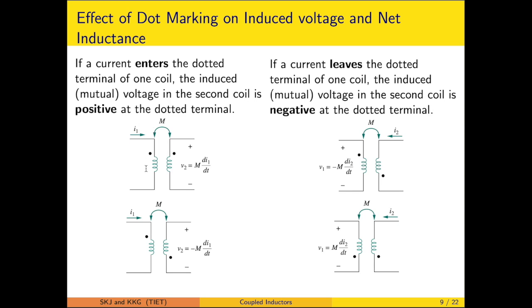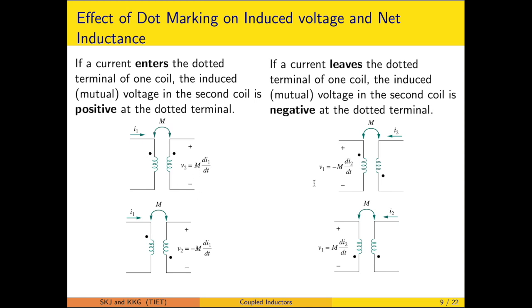So when there are two coils, there will be four combinations, represented on the left hand side. In this, the current is directed to enter. Current only in winding 1 is considered, and we will be counting the effect on the other.